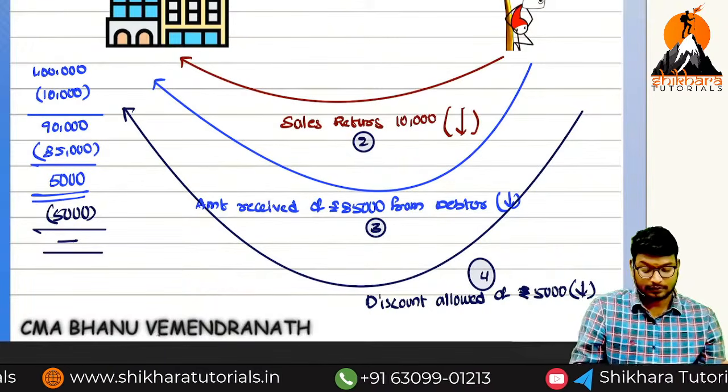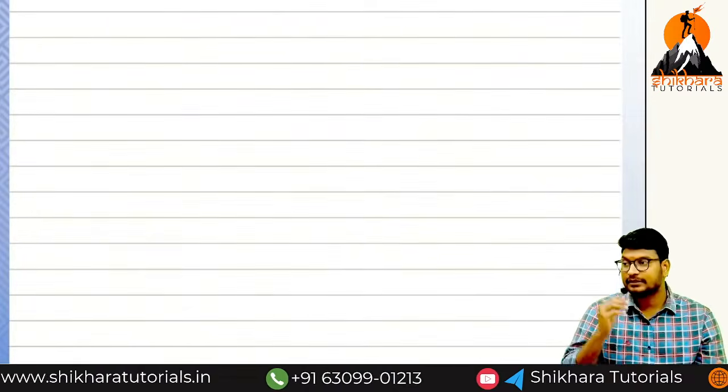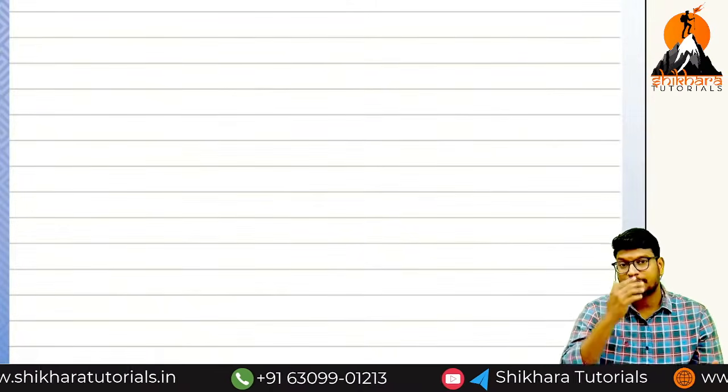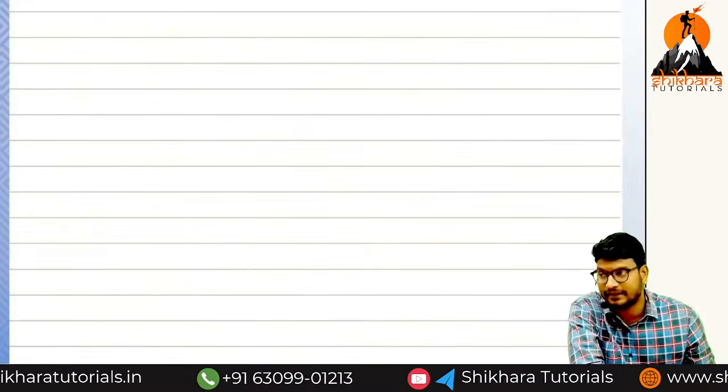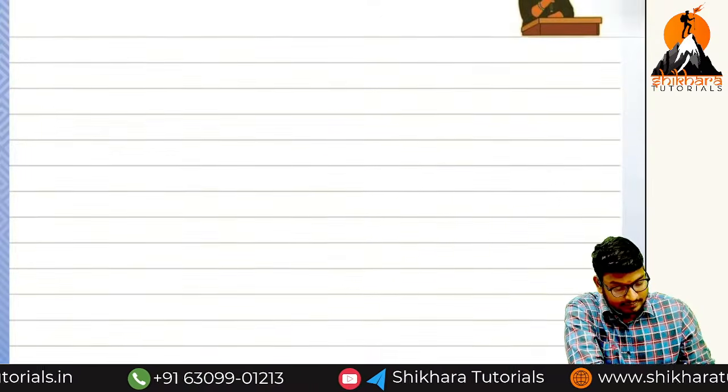Okay, now how many transactions do we need to discuss? 4. And there is another transaction called bad debts. Because of bad debts also the debtor value will decrease because we have to cancel the debtor. Okay, no problem, we can discuss.